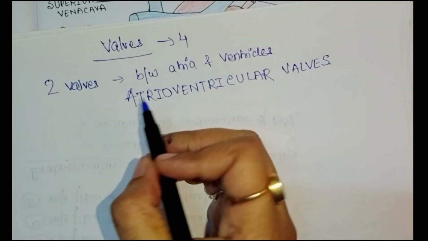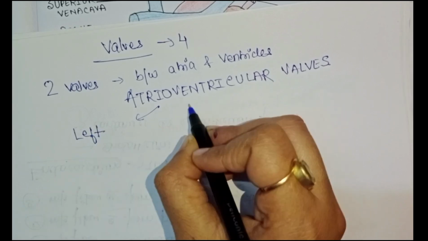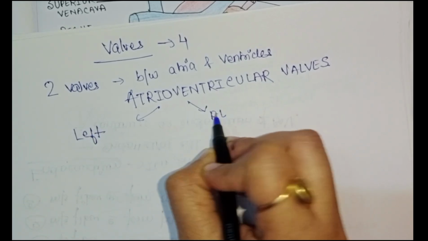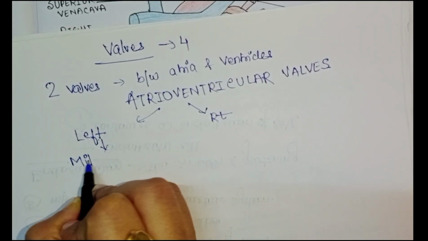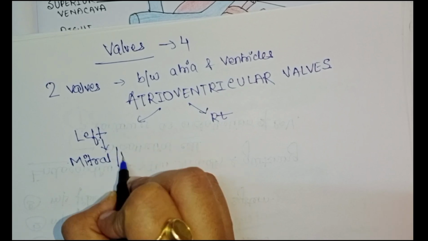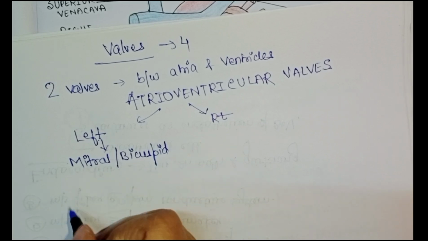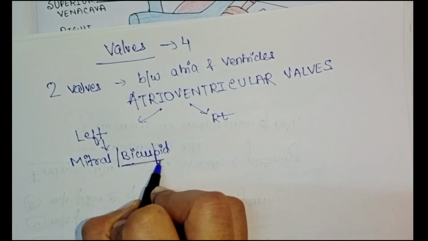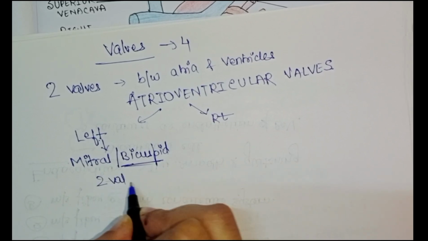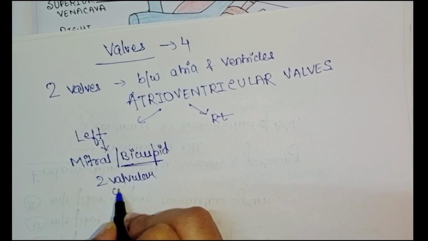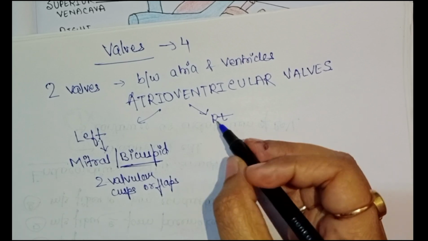They are the left atrioventricular valve and the right atrioventricular valve. The left atrioventricular valve is also known as the mitral valve or bicuspid valve. It is called bicuspid because it is formed of 2 valvular cusps or flaps.